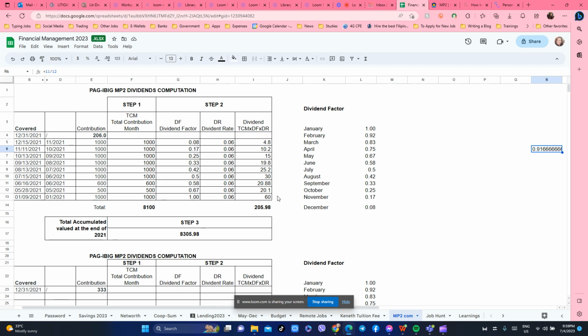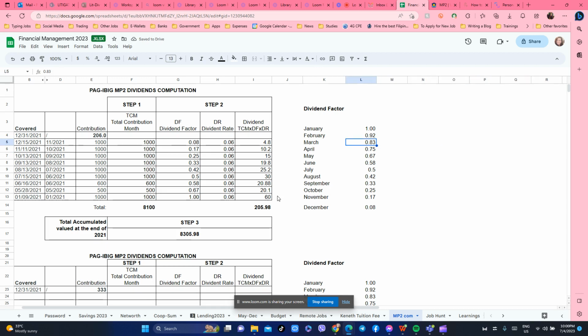Round it off, and you're going to get 0.92. And for March, it's just like this one. It's 10 divided by 12, and it's equivalent to 0.83.